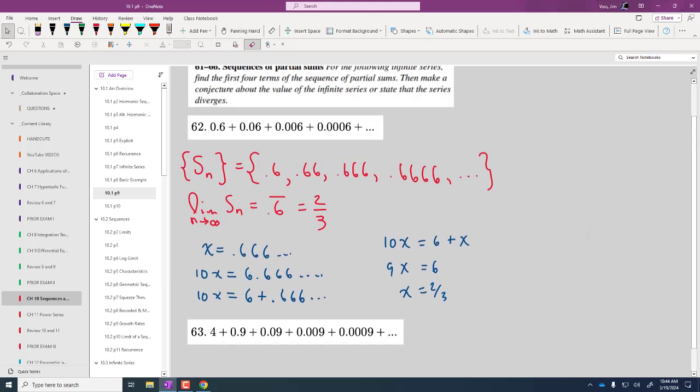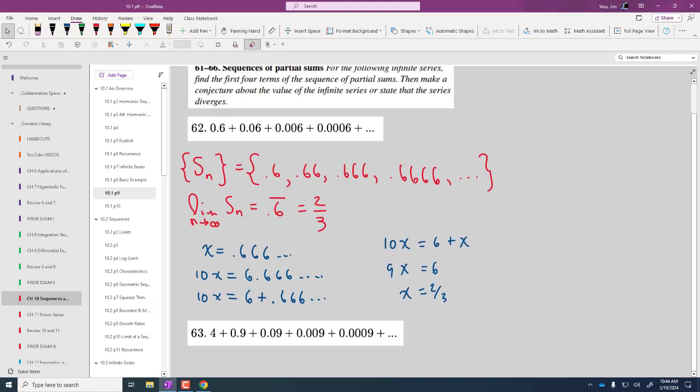So that's how, in algebra, we would show that this infinite series converges to 2/3. And again, if an infinite series converges to a number, we literally just say that infinite series is equal to that number. So if the infinite series converges, it is equal to whatever number the sequence of partial sums converges to.